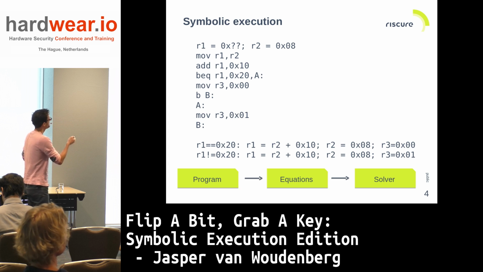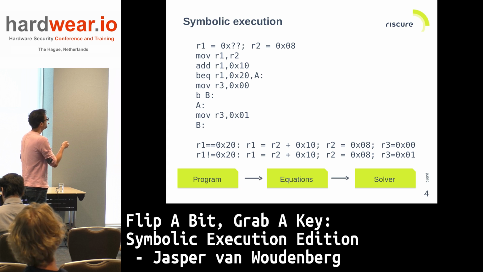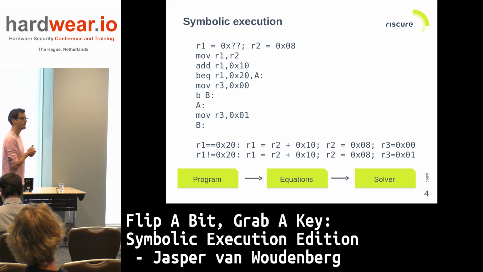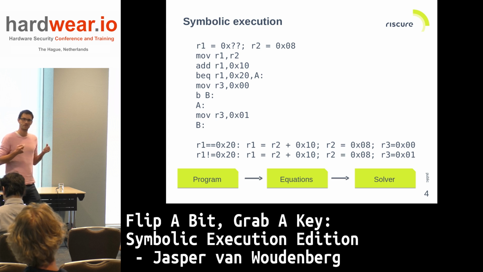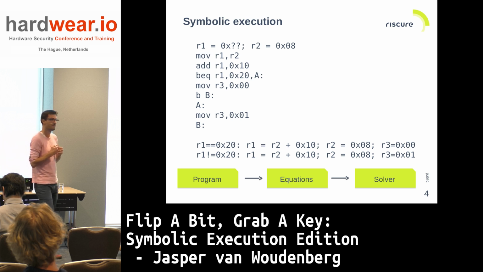So here's a little bit of assembly that basically does the same as before. But now there's an if statement that says if this register is some value, then I jump to A, in which case I set R3 to 1. If it's not the case, then I set R3 to 0, and I also jump to B. So now my program actually turns into two equations, depending on my input.